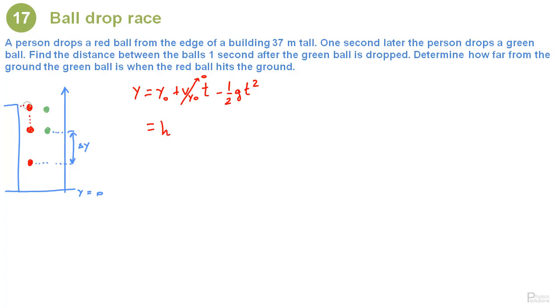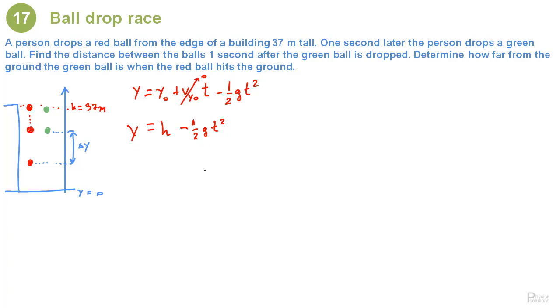So we know this value. This is h. This case is 37 meters. So this number we have minus 1/2 gt squared. This equation here represents the coordinate y of the red ball at any time t.